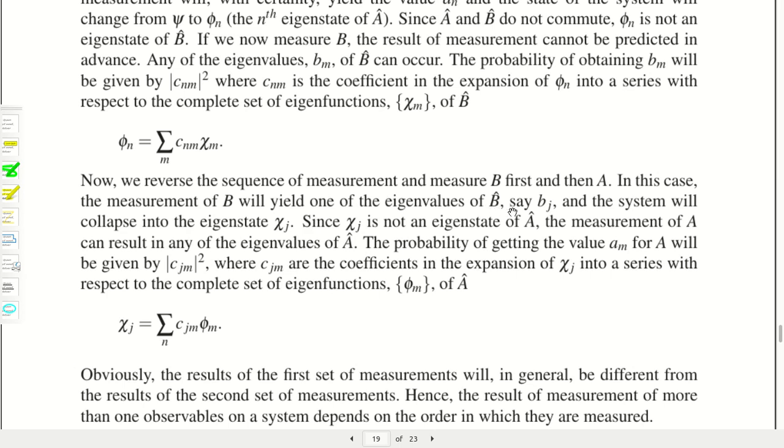B operates on psi and gives you chi j, the eigenfunction of B with eigenvalue b j, and the system is now fixed at chi j. Then the A operator acts on chi j, but chi j is not an eigenfunction of A. So chi j can be expanded in the basis set of eigenfunctions of A, that is phi m, and the result will be any one of them.